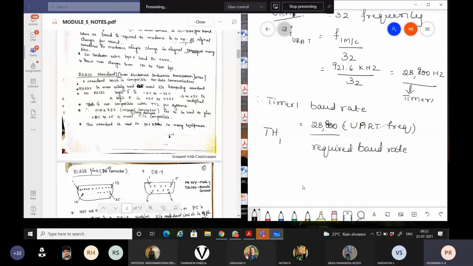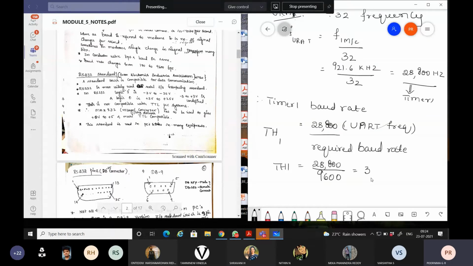So if you compute 28,800 divided by the first baud rate to be set, 9,600, you can substitute that value. What value do you get? Approximately 3. So 3 is the value that we need to load onto TH1.